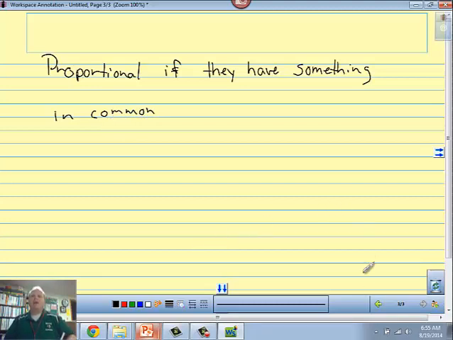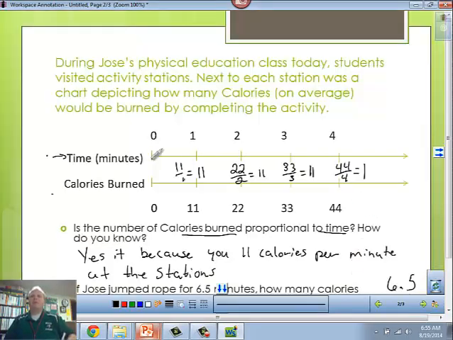If we go back to our previous example, and I want to write the equation, this is going to be my x, and this would be my y, because I'm looking at calories to time. So I would have 11x equals y.